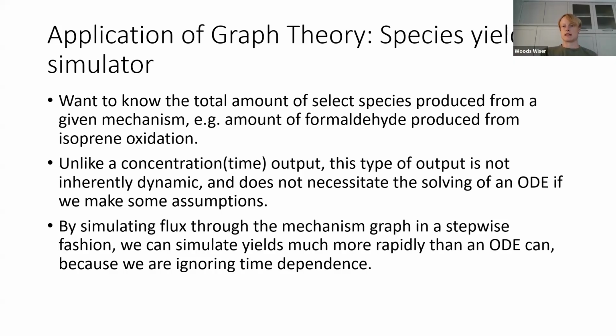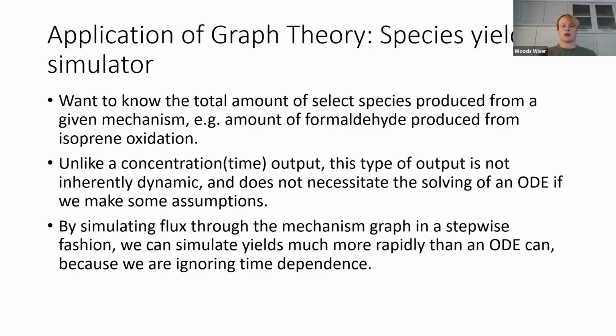And this yield is a time independent quantity. So it's assuming that all reactions proceed to their full extent. And unlike a concentration over time output, it's not inherently dynamic. And therefore it doesn't actually necessitate the solving of an ODE if we make some assumptions.